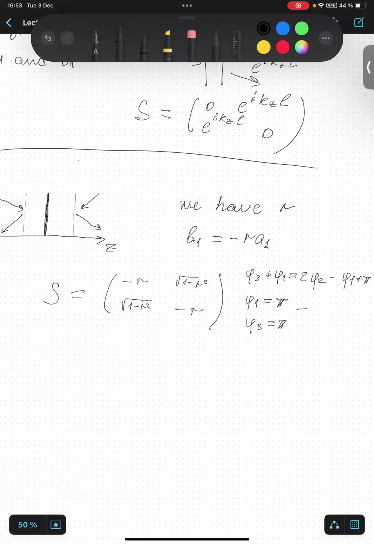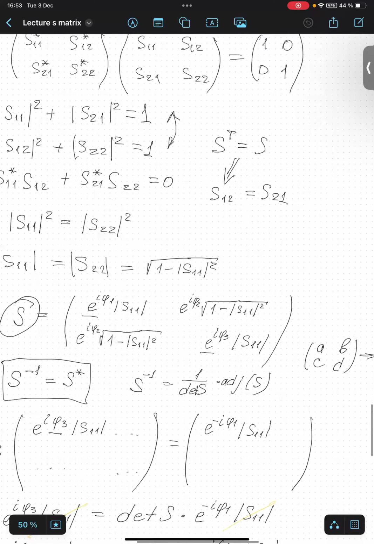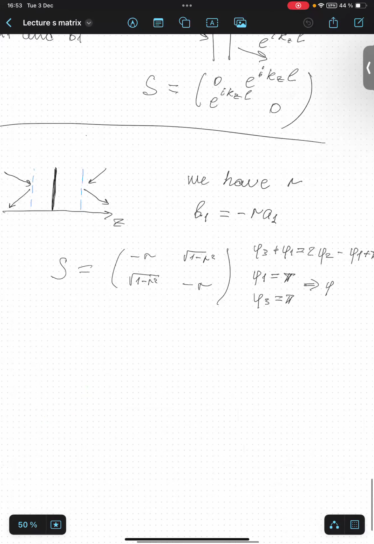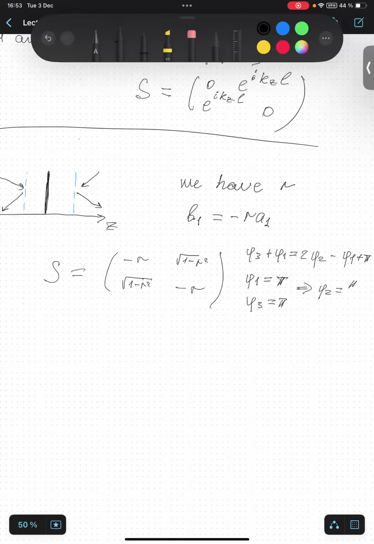And it leads to phi2 again equal to pi over 2.